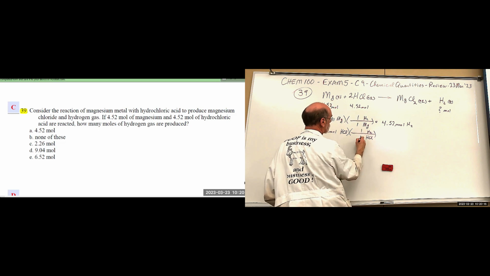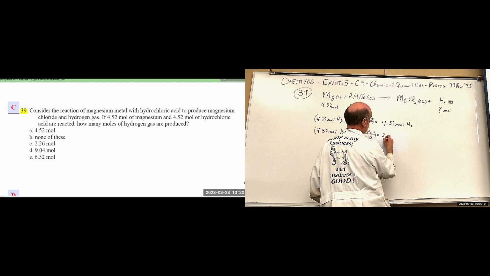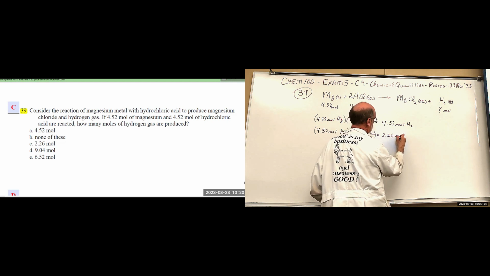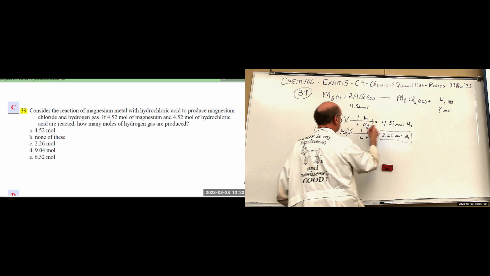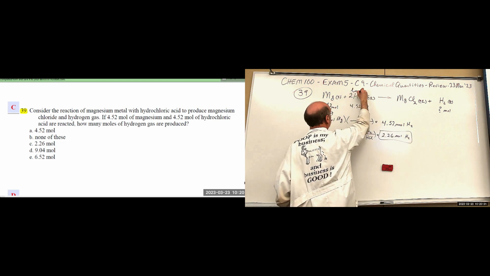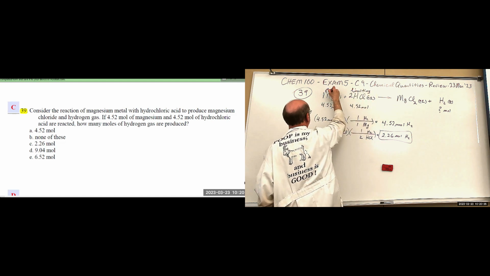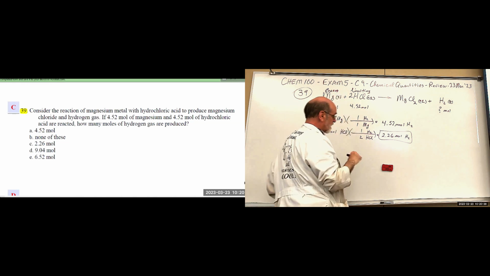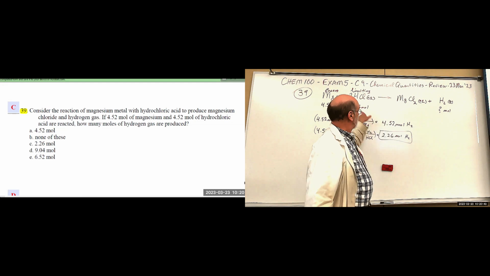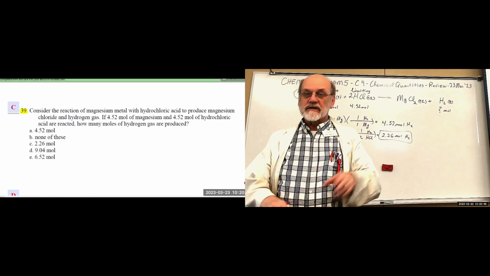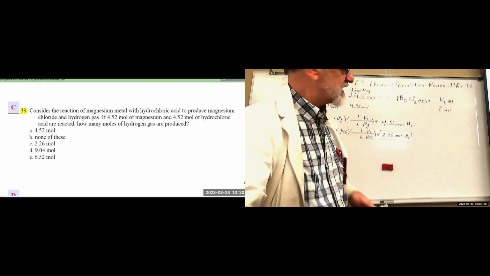We got a 1 here and a 2 there. So 2 divided into that would be 2.26 moles of hydrogen gas. Okay, there's your limiting. This is limiting. This is excess. So that's how many moles can be produced of hydrogen gas from that combination in that reaction. So the answer is C.